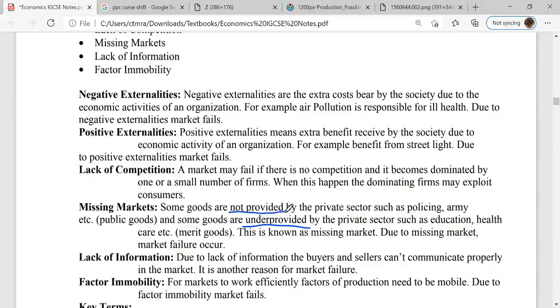Suppose education, healthcare. There are private schools in our country, right, but is it enough for all the people of the country, or can people afford these private schools? No, right? So that's why the government needs to come up with free schools or subsidized schools, where people can study at a very low cost, low price.